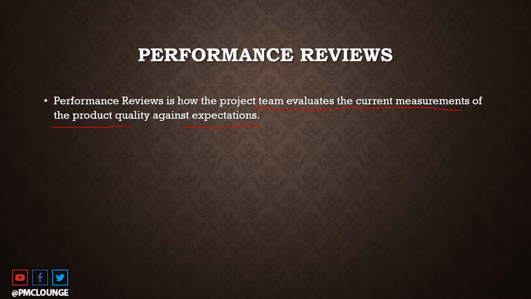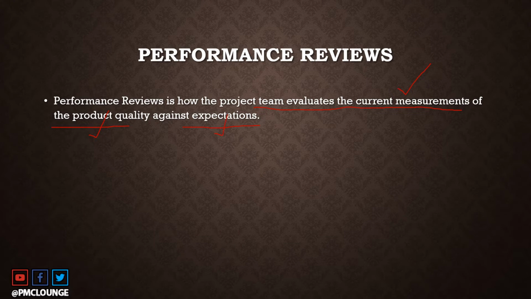So let me try to explain this, and let me borrow the example that we took in the previous slide. And that was the fact that the product of your project was actually a mobile phone. So in that project, what you're doing now is that the project team is evaluating the current measurements of the product quality against what is expected.